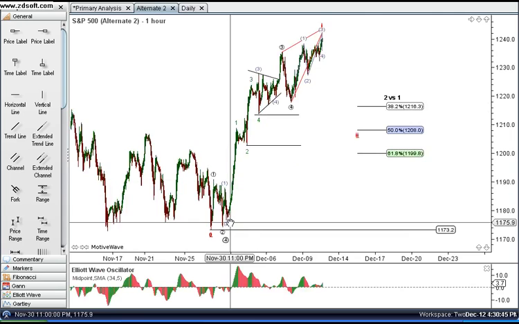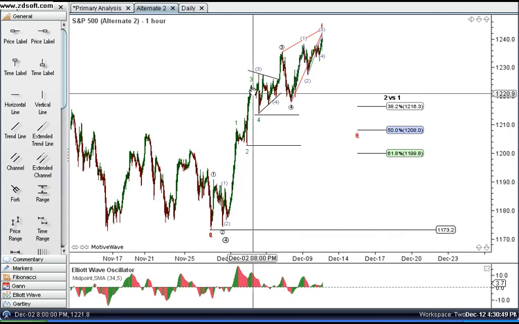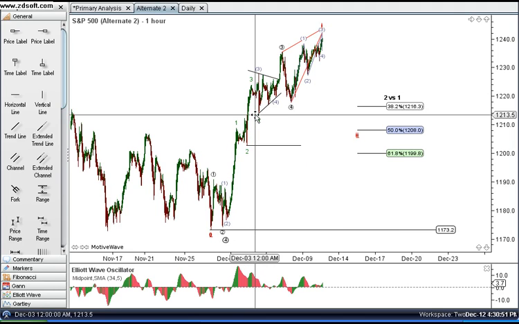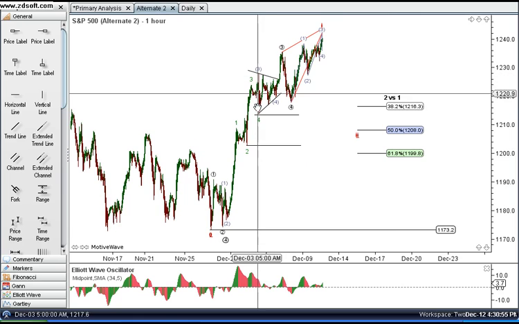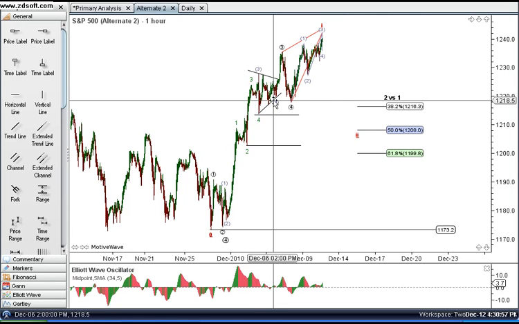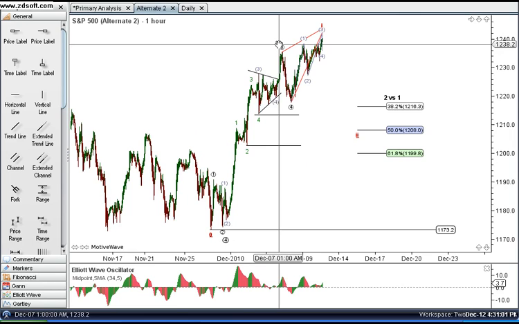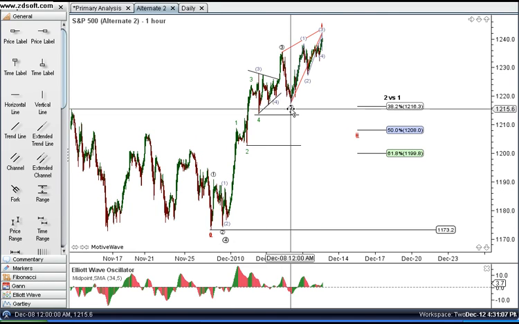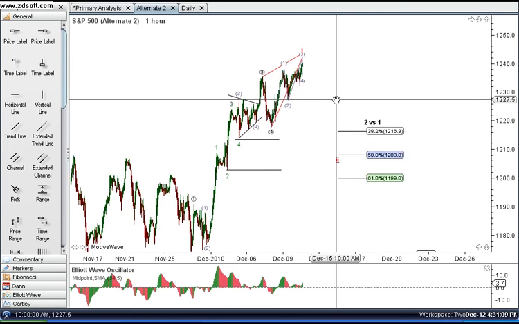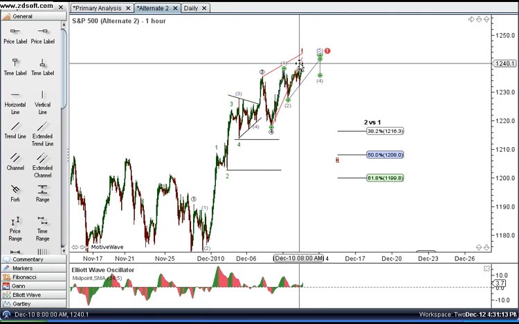Shorter term on this, I have 1, 2, 1, 2, and then a large extended wave 1, 2, 3, 4, and a 5. I think that 4 should be here with 5, and then A, B, C, D, E for 4 of the gray 3, then 5 for the black 3, 1, 2, 3, 4, and this is going to be an ending diagonal.